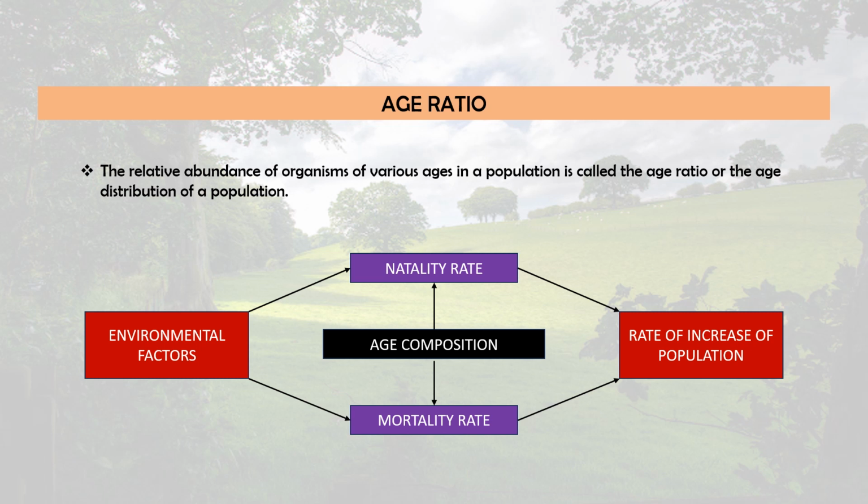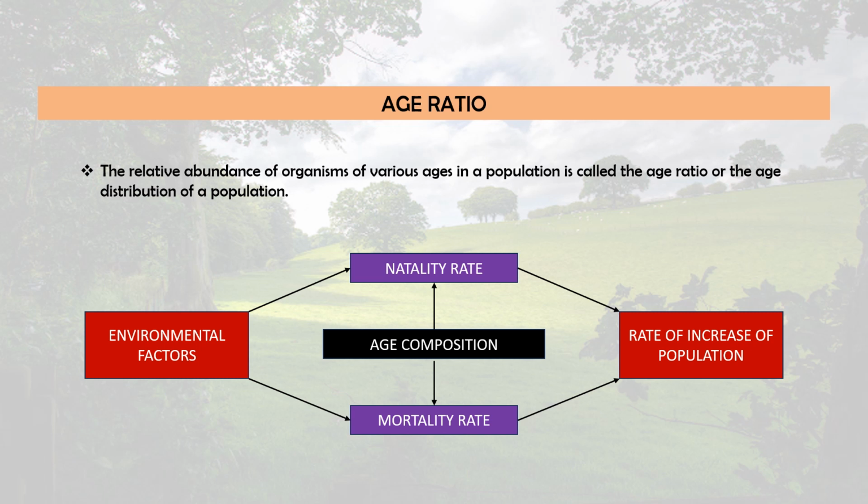And by studying the history of population and population demographics through these age ratios, we can know or predict our future. The ratio of various age groups in a population also determines the current reproductive status.